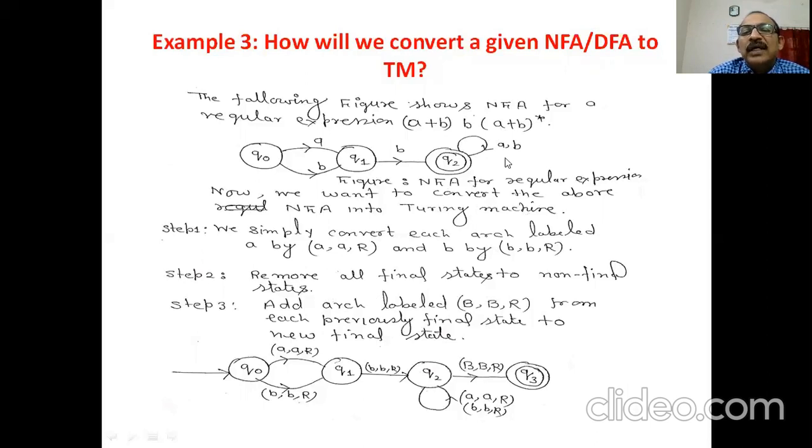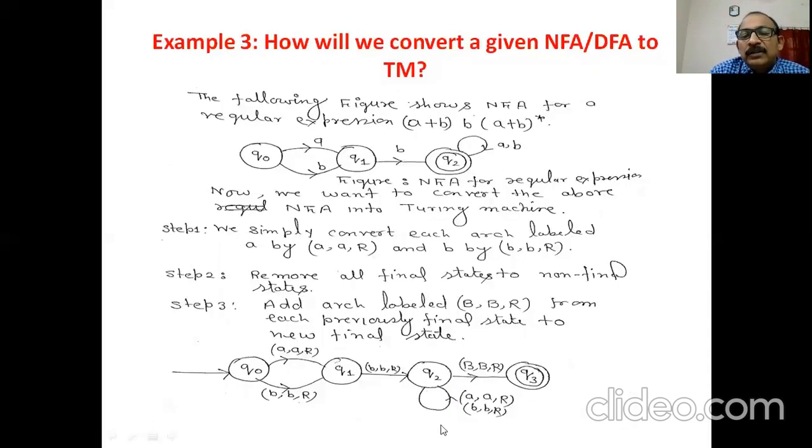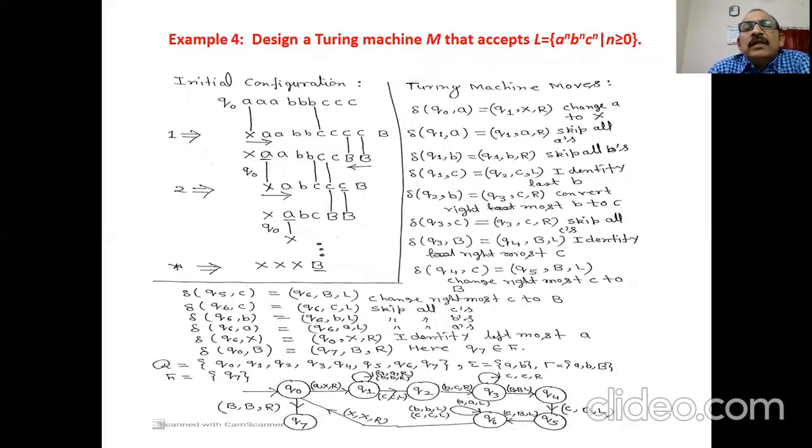And now we add one additional arc from Q2 to Q3, taking a new final state Q3, and add from the previously final state to this final state, meaning BBR. Okay, so this way you can convert a given NFA or DFA directly to a Turing machine.